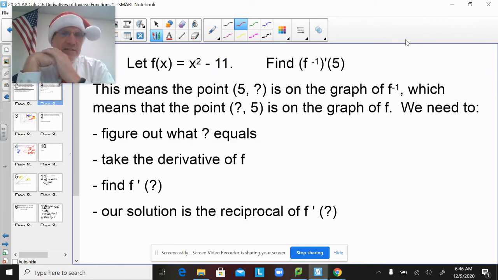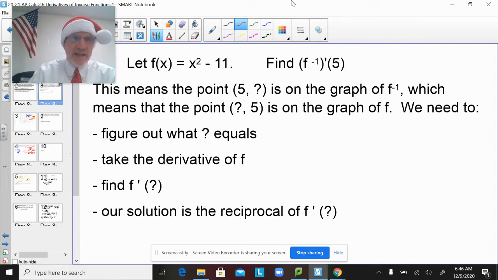It says let f of x equals x squared minus 11. And it says find f inverse prime of 5. There's one thing that's missing from this problem, and you need to recognize that it's missing, and you need to know that you need to find it. This says the point 5 comma something is on the graph of f inverse.